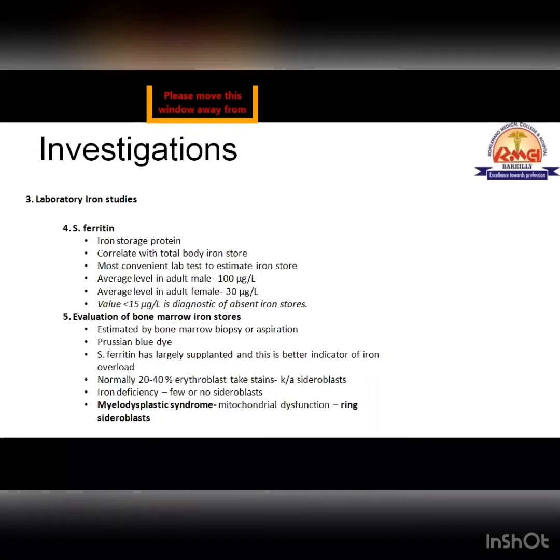First is serum ferritin, and second you can stain the reticuloendothelial system, you can stain the bone marrow. But it is very hard to stain bone marrow because it is an invasive procedure. So it is a proxy for iron storage. If serum ferritin is low, then iron stores are depleted. If serum ferritin is high, it means iron stores are replete.